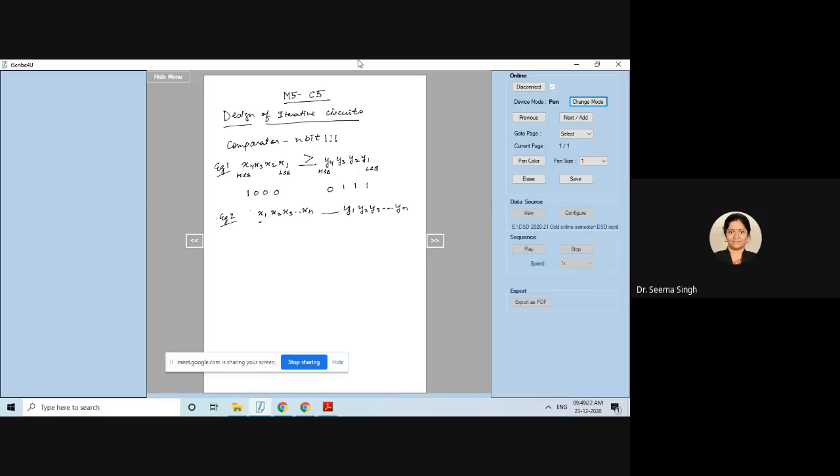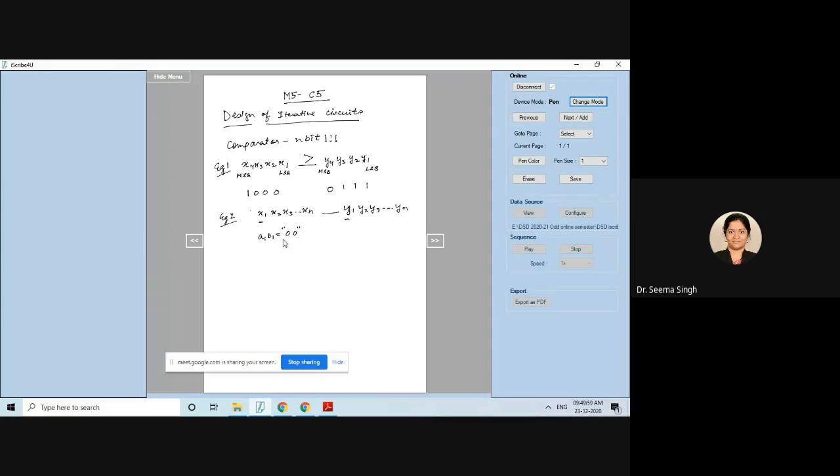It first compares x1 and y1 in cell 1, and then cell 1 says that if it is equal, it will send the state A1 and B1 as 0 and 0. That means with x1 and y1, you are not able to decide whether it is greater or lesser. So the information goes to the next cell, and x2 and y2 are compared then. The same way it goes on till the last LSB.